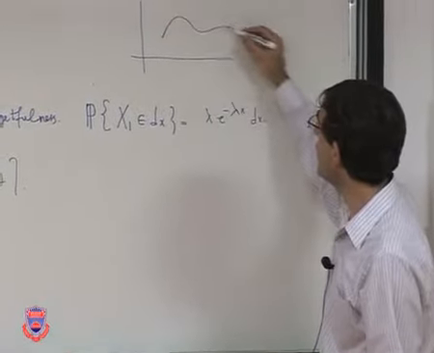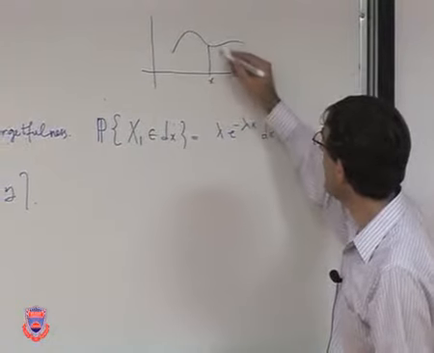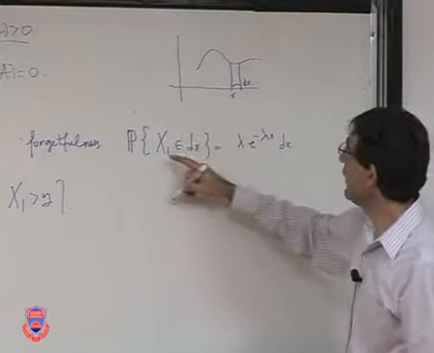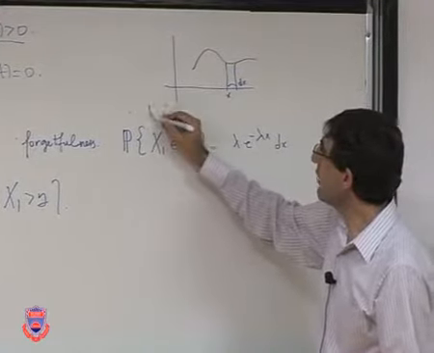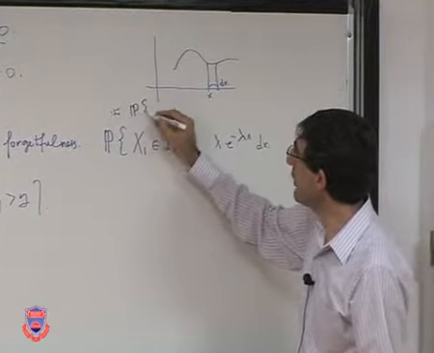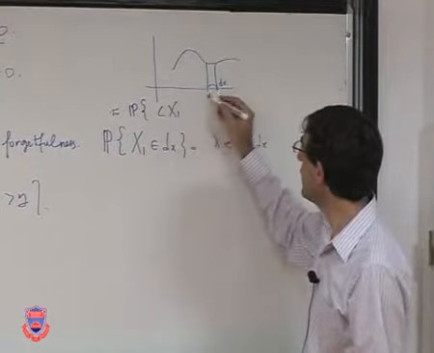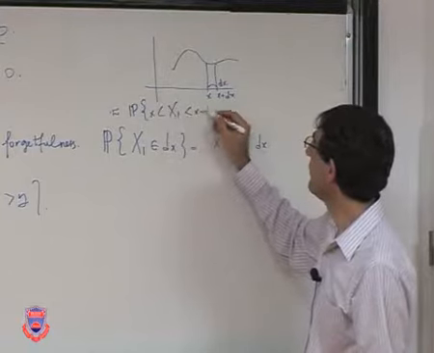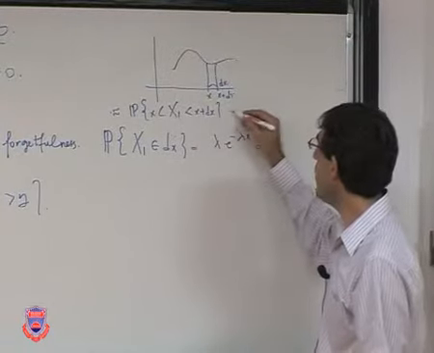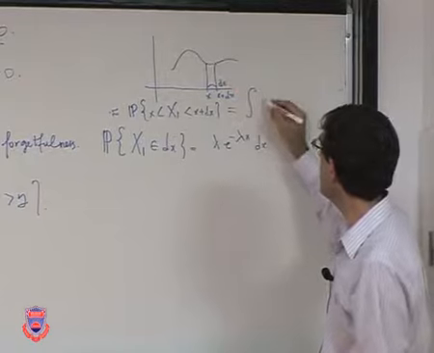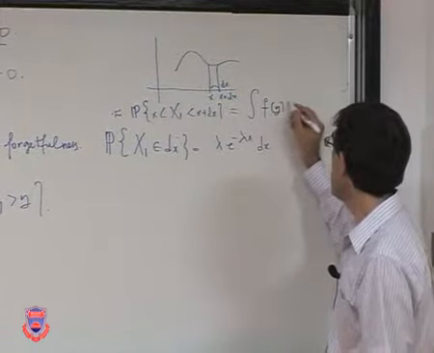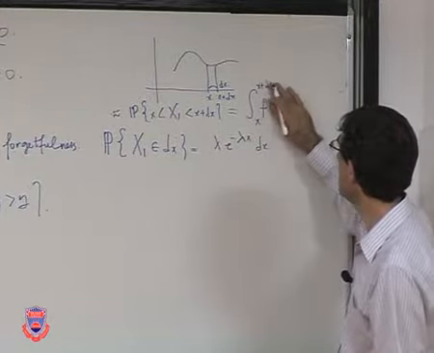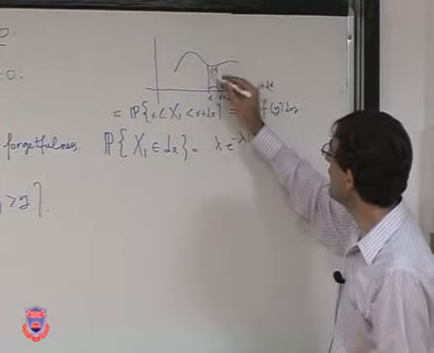So for the density function, you take an x and an interval with length dx. This is approximately the probability that x1 lies in the interval from x to x plus dx. We know that this is the integral of the density function f from x to x plus dx. So it is this area.